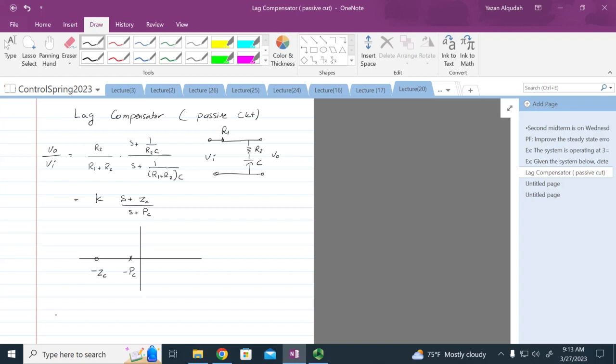Is it possible to have this PC at the origin? Why? Because the pole would be 0, and then the whole thing would be like infinity.